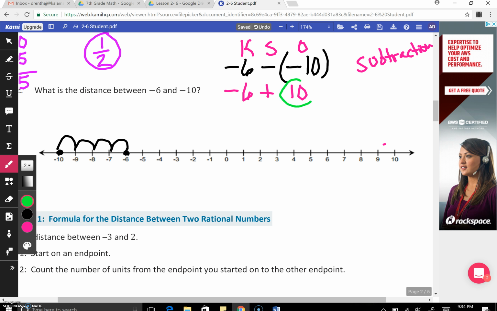So circle the greatest absolute value. Subtract the absolute values. 10 minus 6, that's 4. And keep the sign of the circled integer. So there you go, is another way to find the distance between -6 and -10. It's always going to be a positive distance because distance can't be negative.